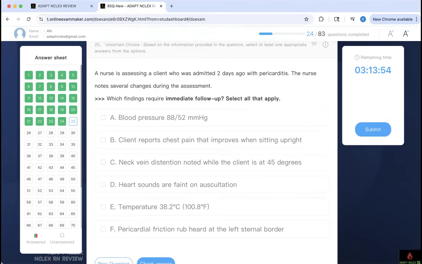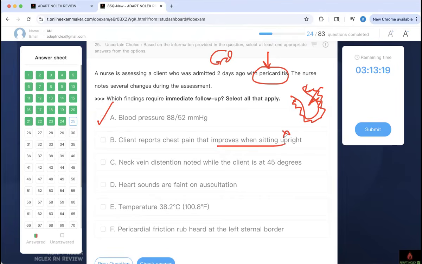I can tell you what the answers are. If you have pericarditis and it's severe, the priority is to look for signs and symptoms of cardiac tamponade, because it can squeeze on your heart and you develop cardiac tamponade. We call it constrictive pericarditis, leading to cardiac tamponade. Based on the previous question we saw, same thing. Hypotension means you're going to be having cardiac tamponade. If you have chest pain that improves leaning forward, that's consistent with pericarditis.